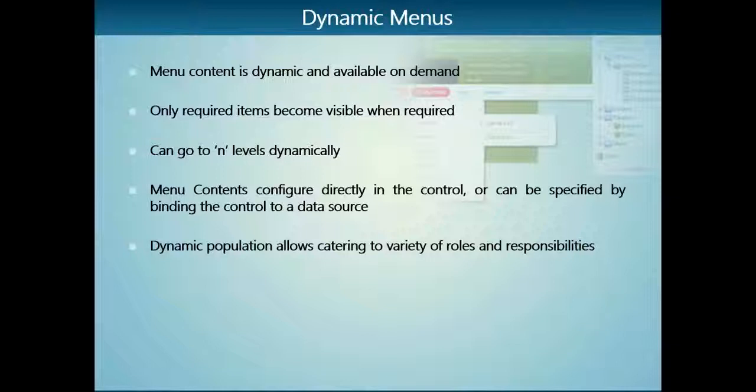Through its various implementations, dynamic menus can be programmed to appear as and when needed. Their depth can be of any level. Menu contents can be obtained through interfacing with a database or with some web services.